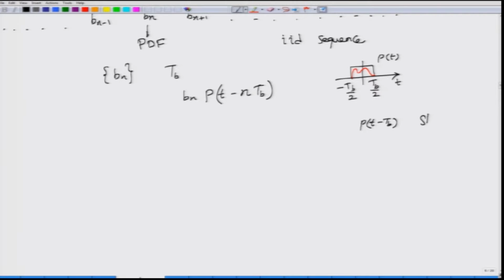This would be shifted in time by TB seconds. In the duration of -TB/2 to TB/2 there is nothing, but from TB/2 onwards to 3TB/2 you get this pulse. So, this corresponds to a pulse which has been shifted by one time duration.